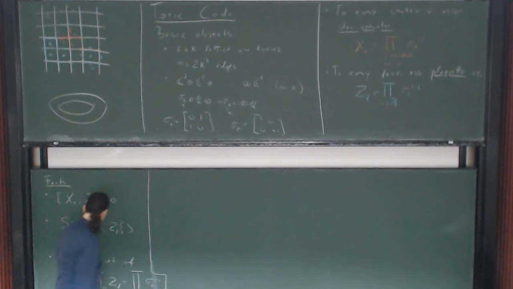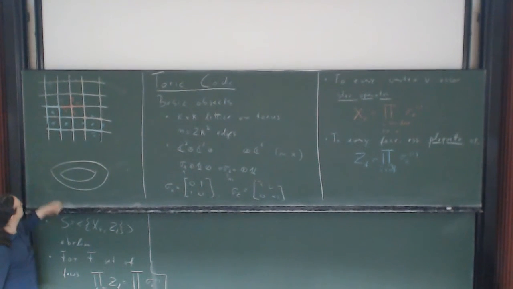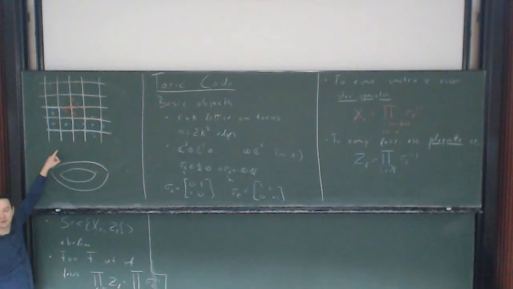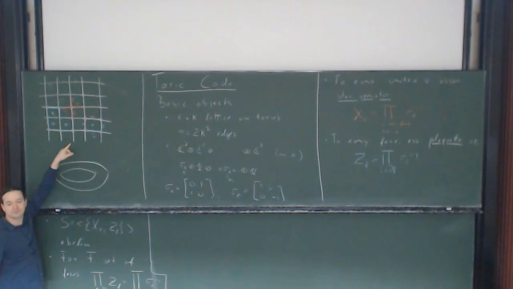Because, okay, so the kind of operators I get by multiplying together faces, they give me closed chains. Is there a closed chain of sigma z that is not contained in the group S?